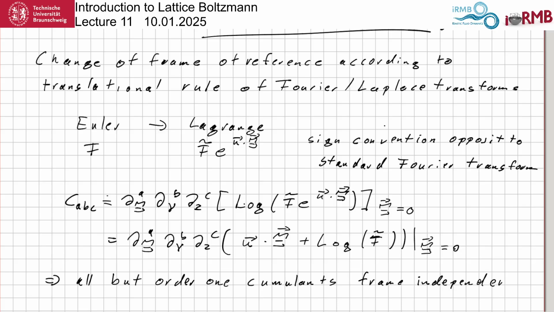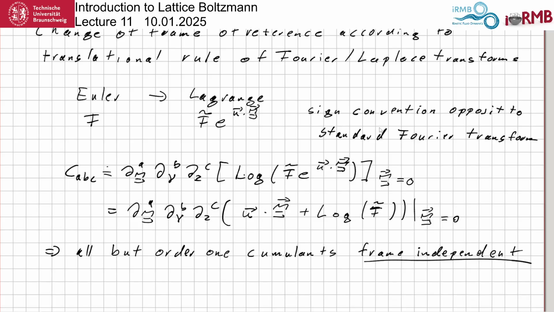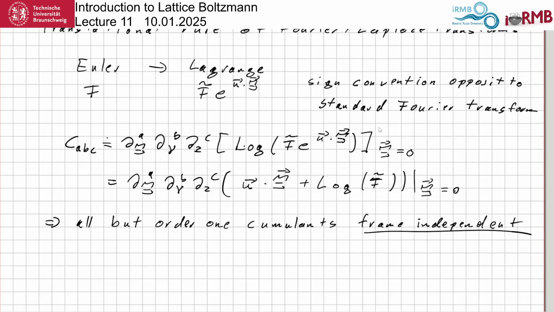Which of course means that everything you state in terms of cumulants is automatically Galilean invariant, to the extent that you can control your cumulants.